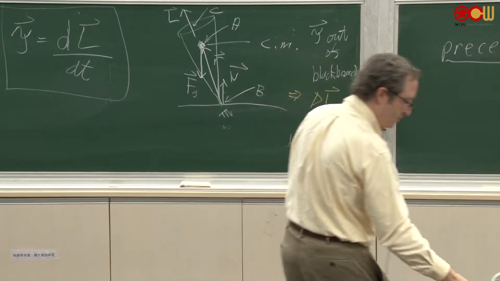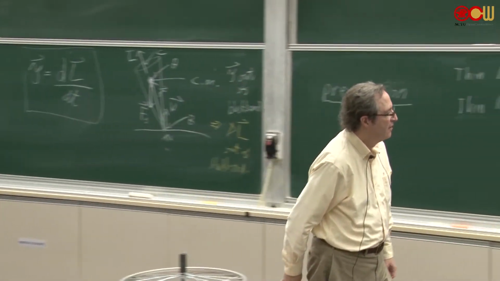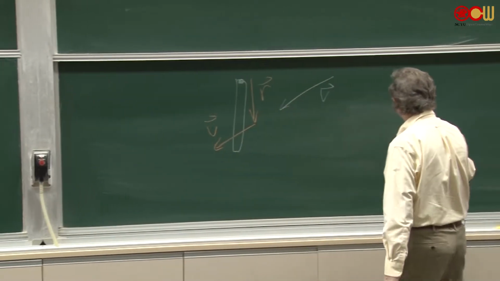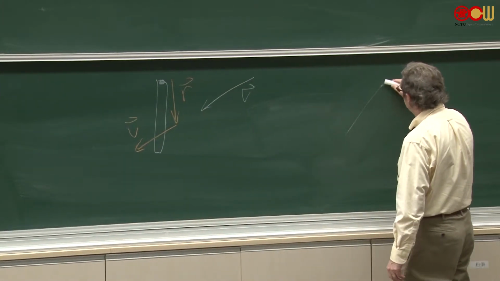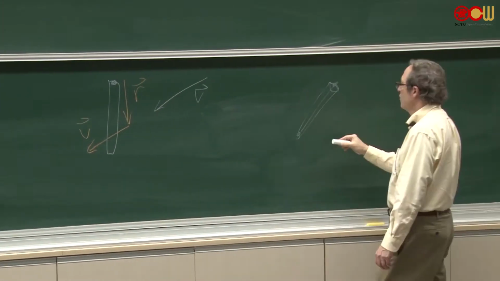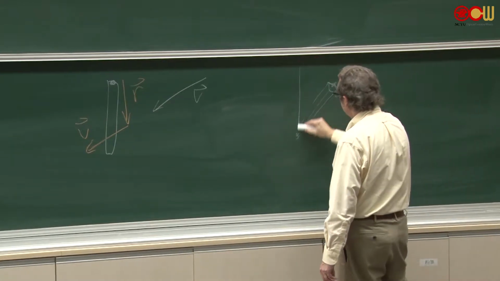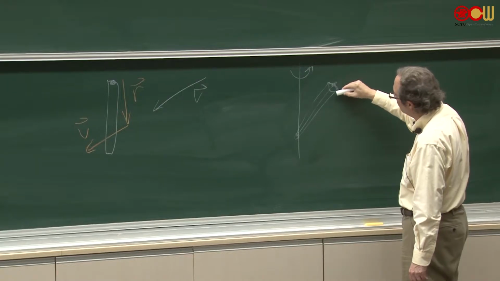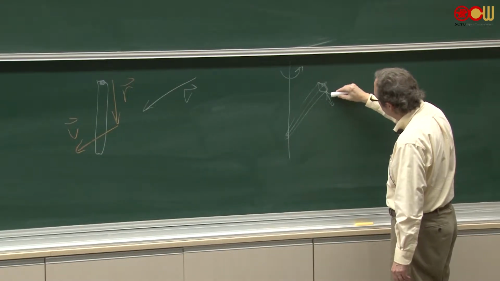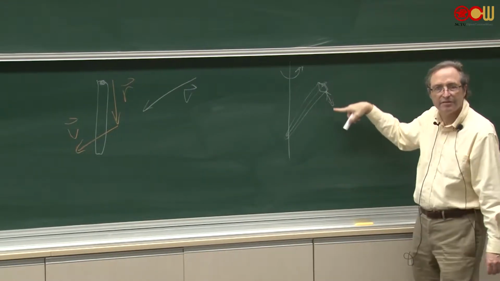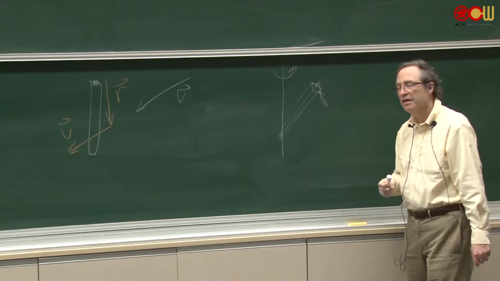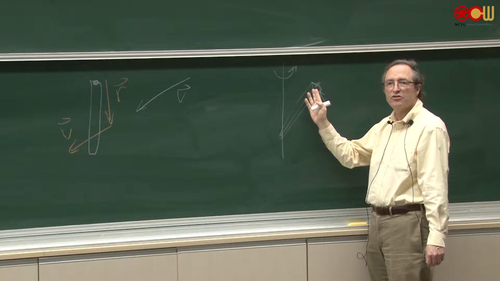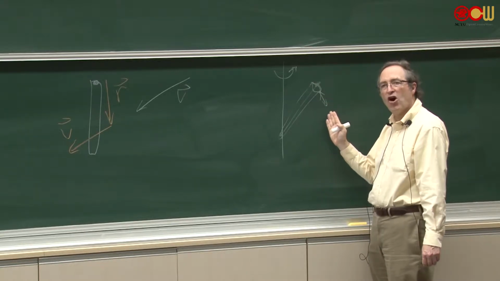And that's how it goes. So in other words, this is my top, so it goes around this axis like this, and it also goes up and down like this. Okay?